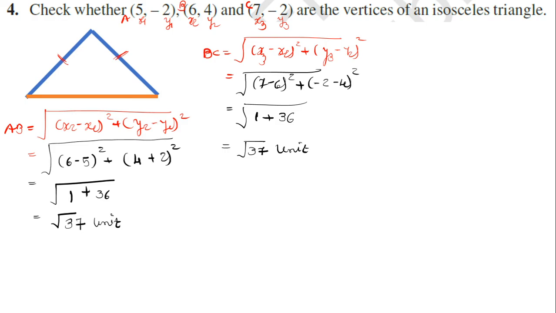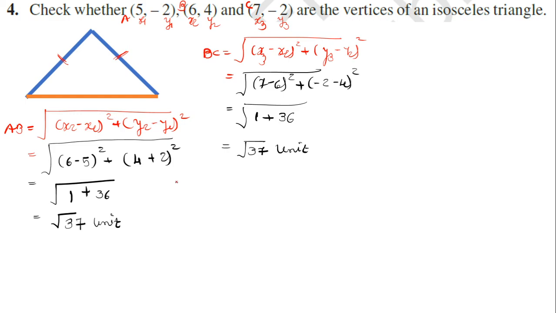You have to find the third distance also, because if the third distance between A and C is also the same, then this will become equilateral and your answer will be that this is not isosceles but equilateral. So to check whether it is isosceles or equilateral, you have to find the third distance also.